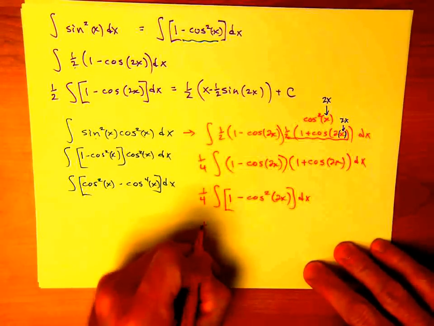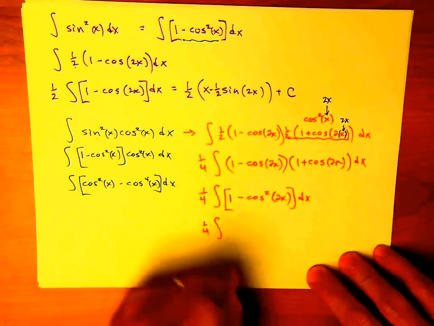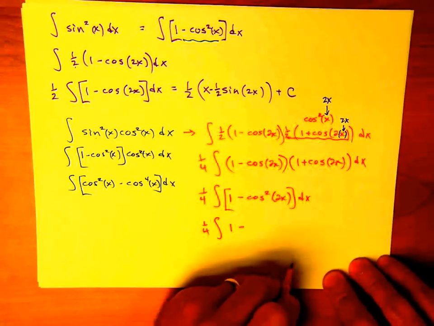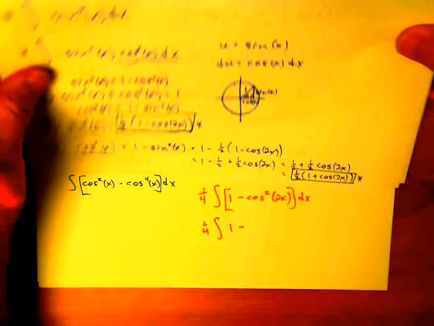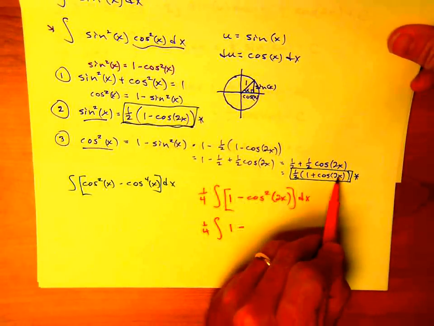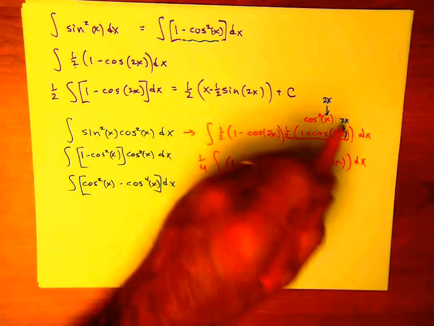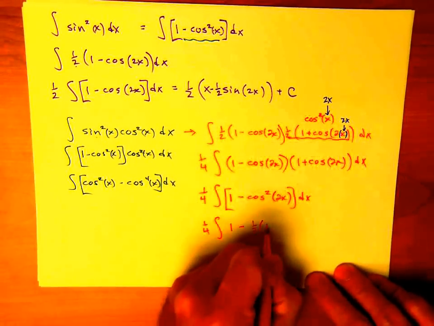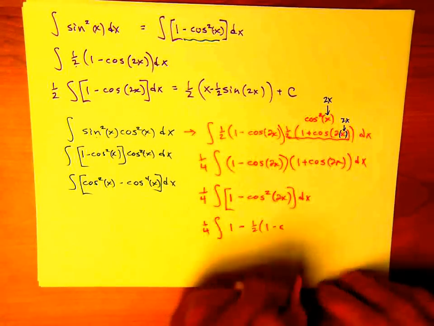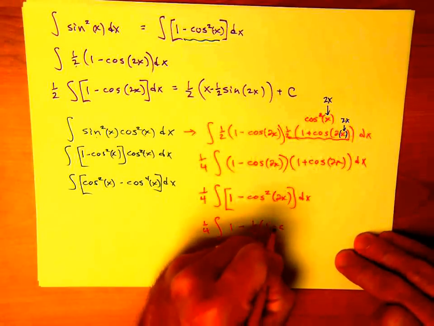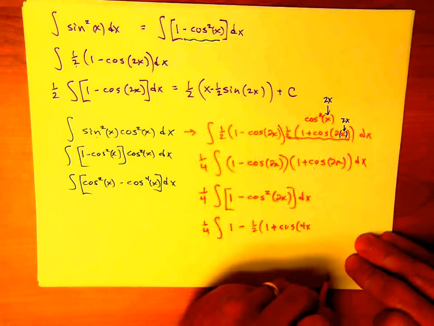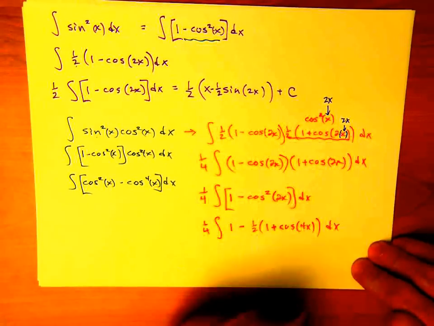So I've got 1/4 out front, 1 minus, and this is where I'm going to make my substitution. It's the same substitution, except I'm now going to have a 4x for the reason I just stated. So it's going to be minus 1/2, 1 plus cosine 4x, dx.